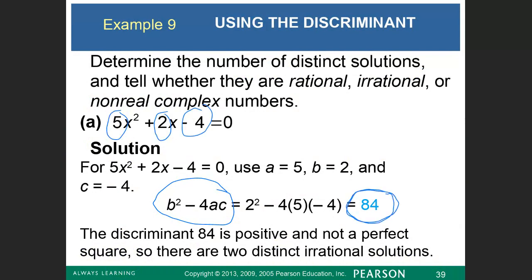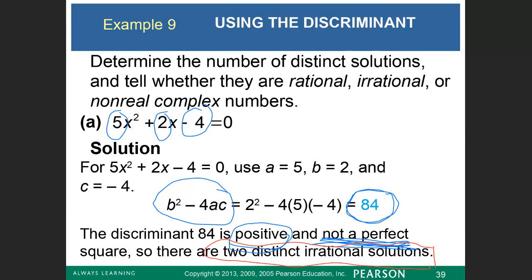It's positive, from the table, and not a perfect square, right? 81 is, but 84 is not. So we make a conclusion, and the conclusion is in the third column of the table. It says two distinct irrational solutions.